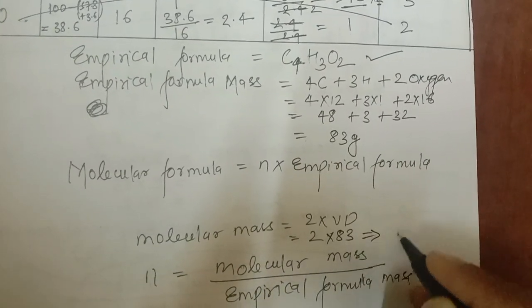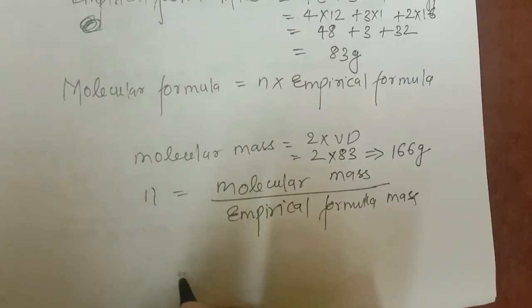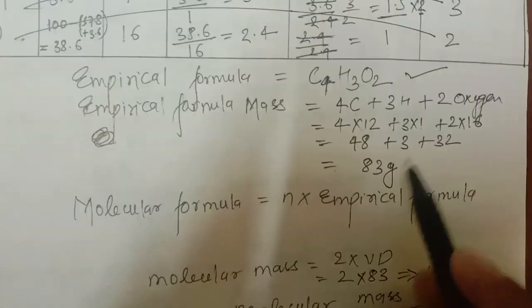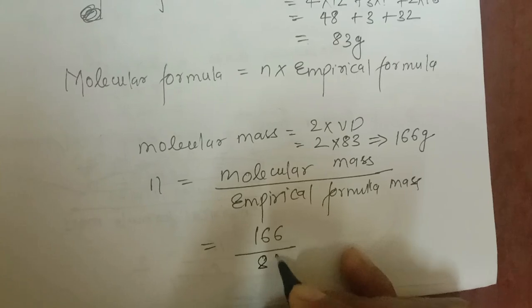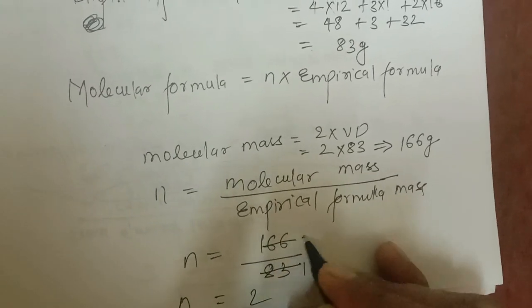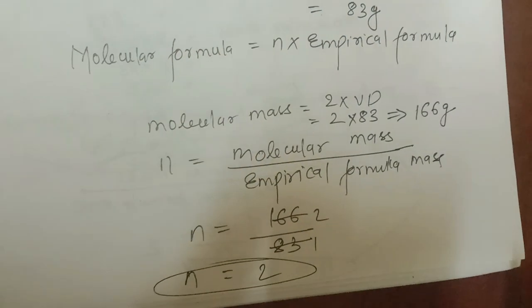So we get the molecular mass equal to 166 gram. So we will put the value here, students. We get 166. Empirical formula mass we already calculated as 83. So we will divide by 83. We get N equal to 2.